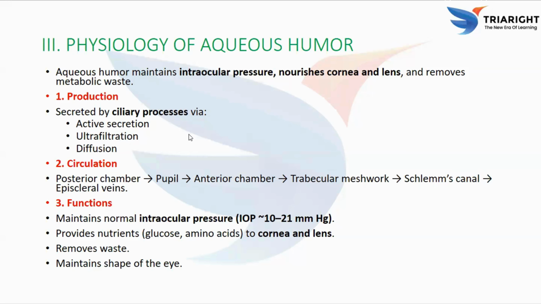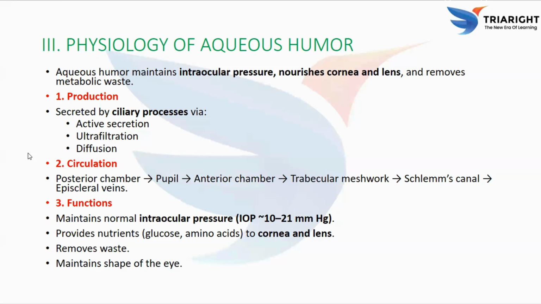This actively moves ions, and water follows. And then ultrafiltration. This is a pressure-driven movement of plasma-like fluid from capillaries into the posterior chamber. And then diffusion. It is a passive movement of small molecules. It is produced in the posterior chamber, which is the space between the iris and lens.